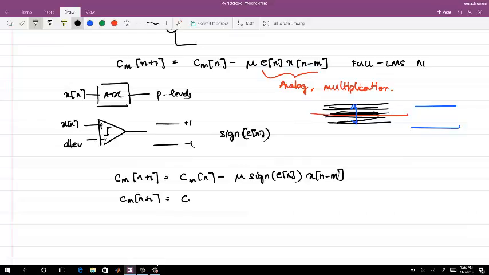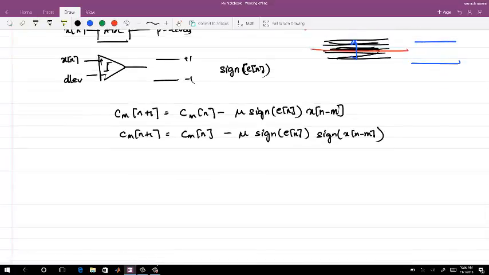So c of n plus 1 equals c of n minus mu times sign of e of n and sign of x of n minus 1. And this is called sign LMS adaptation.